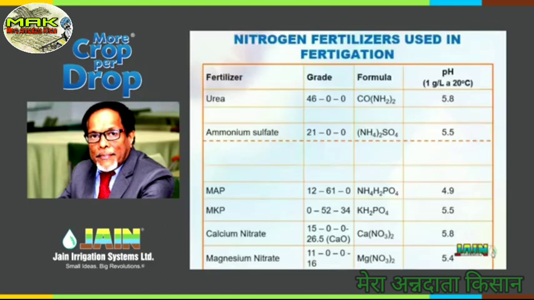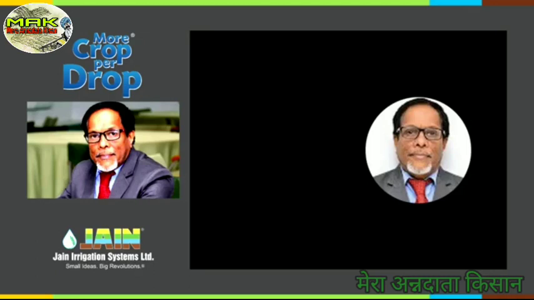Now, as I told you, when these fertilizers have a pH which is less than 7, most of them are acidic. Pure urea is about 5.8, but many of the urea samples you get in China have a pH up to 6. So if anybody disagrees with me, this is the reason.